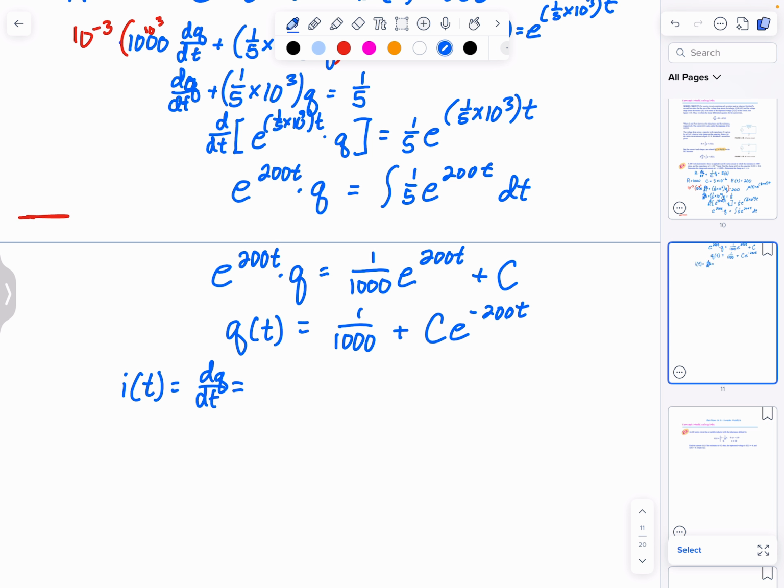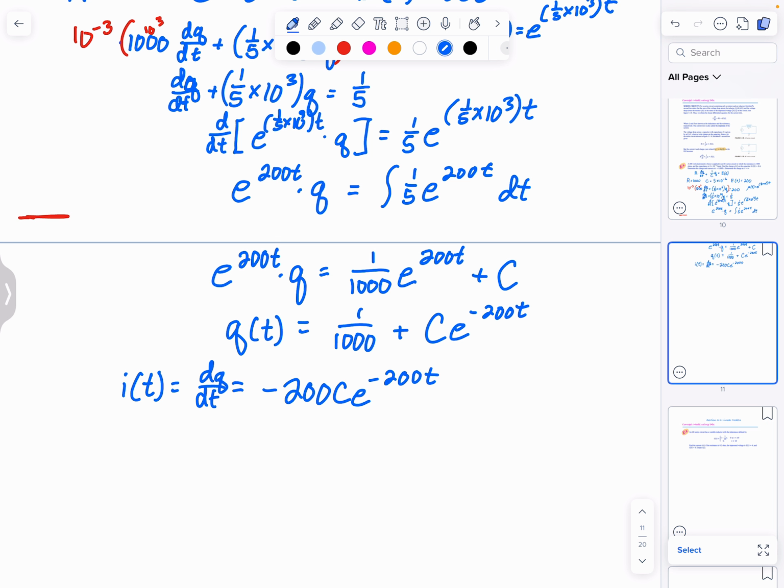So I could take the derivative of what we have there to get to my I, so I can get an initial condition, and then I'll go back. So I of t is the derivative. Okay, derivative of 1/1000th is gone. The derivative of that back is going to be negative 200c e to the negative 200t, right? It's just a chain rule with that e.